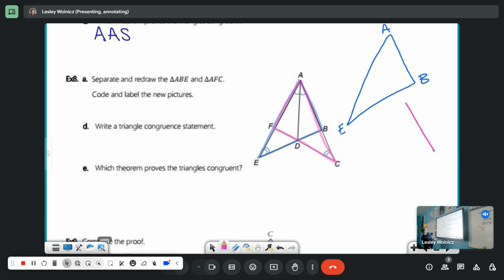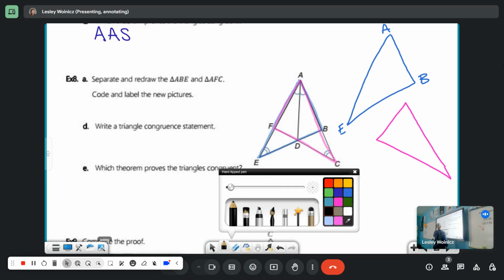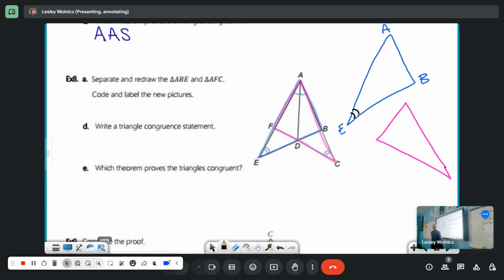Why is this so hard for me today? Okay, well, that's as good as it's gonna get. Okay, so we know that angle E is still congruent to angle C. Label my triangle. Awesome, good job.